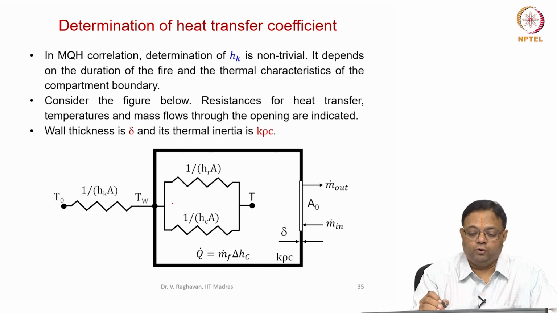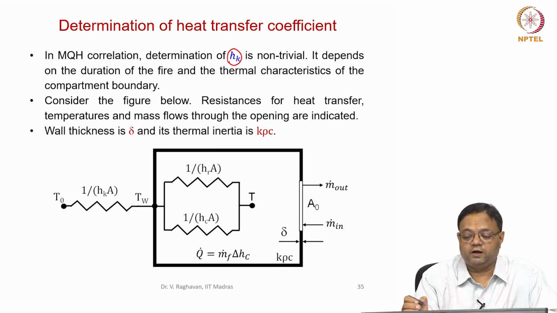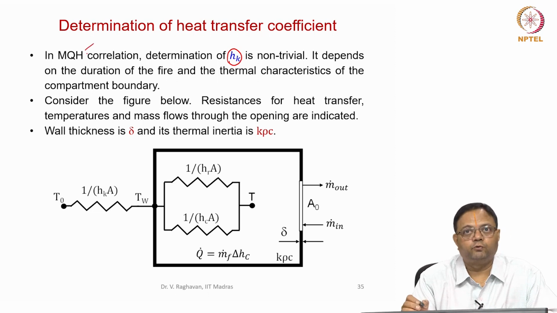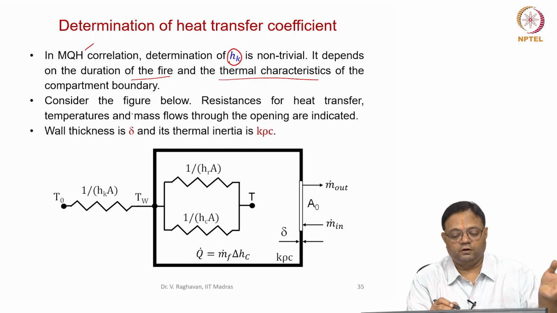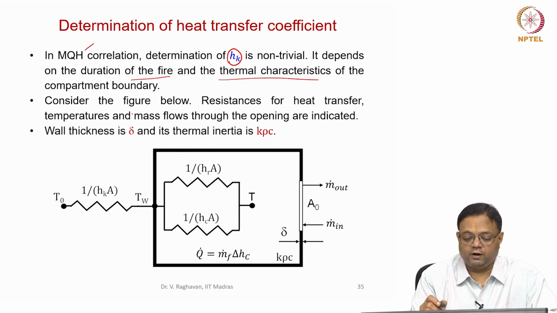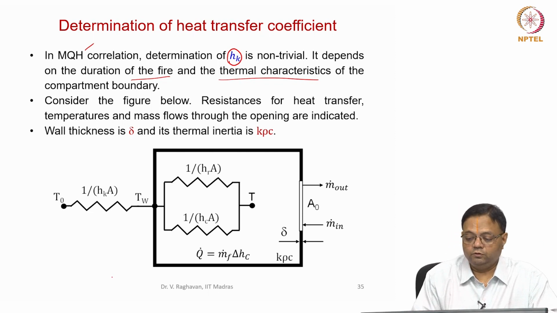So now as I told you, determining the value of Hk is the challenge in using the MQH correlation. It depends on the duration of the fire, thermal characteristics of the compartment boundary, or the walls or ceiling, etc. So let us consider the figure below.